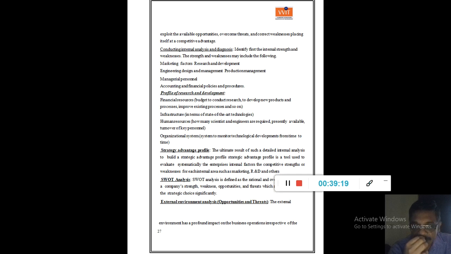The third thing is environmental scanning. Generally the examiner is asking questions only from these areas. Then we have SWOT analysis. So in the next 1 minute I will start SWOT analysis, right?